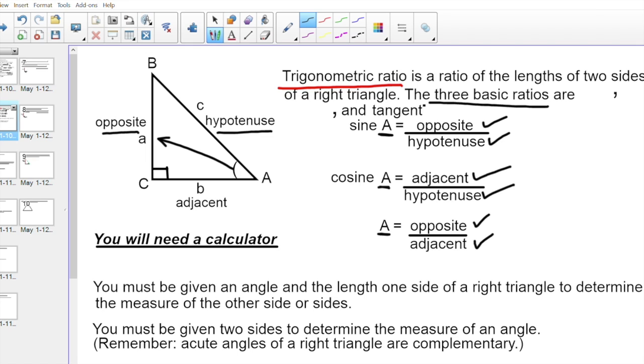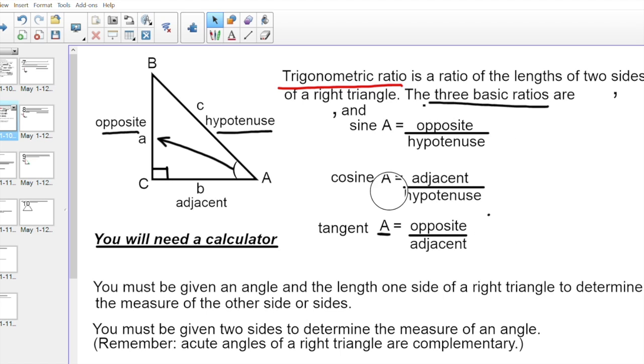So if you write the length of the opposite over the length of the adjacent, then that name is tangent. That information is what you need to practice and learn. You have to learn this setup, that the sine of some angle is the ratio of opposite over the hypotenuse.